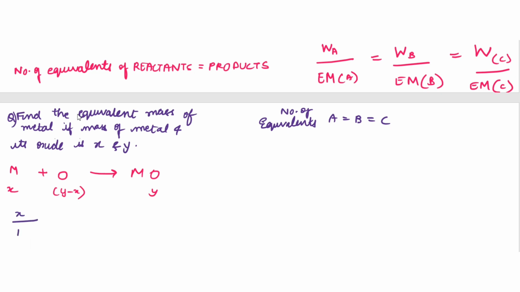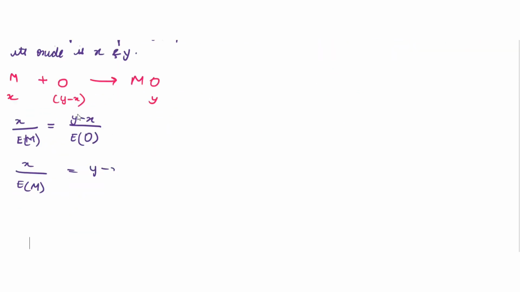So given mass first for M, let's write. X by equivalent mass of the metal is equal to Y minus X by 8. So we can easily find the equivalent mass of metal which is being asked in the question. Yes, which is 8X by Y minus X. So this becomes our final answer.